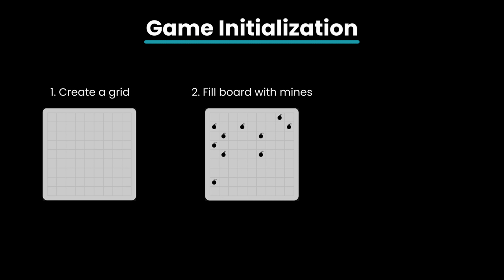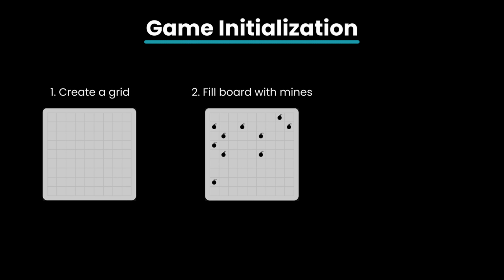So how do we initialize the game? We start by creating a 2-dimensional grid to hold data for each cell. In JavaScript, this will be implemented as an array of arrays, in which each cell will be an object that tracks if it's mined, flagged, opened or closed, or contains a number that indicates how many mines are around this cell. Then we randomly select positions for mines across the board and set a value property to mine.